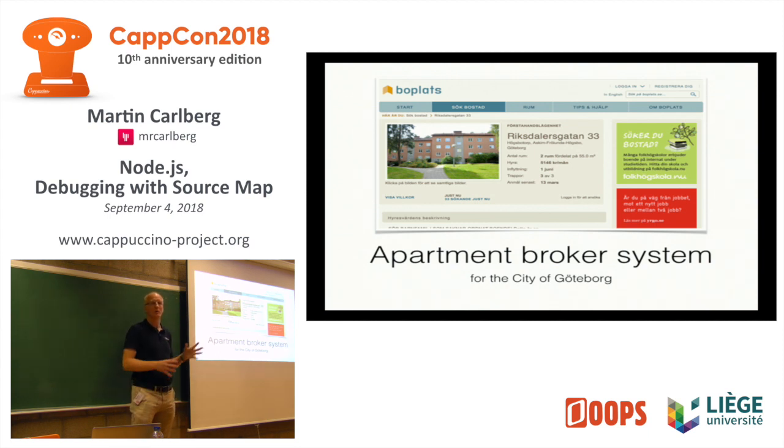The big system we use, and where we use Cappuccino, is actually an apartment broker system for the city of Göteborg. We use Cappuccino for one part of it, so to speak. This is not the Cappuccino application, this is the website for the system.